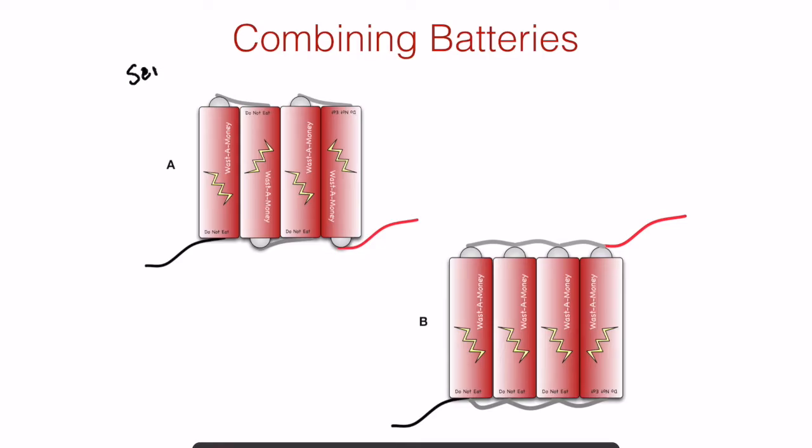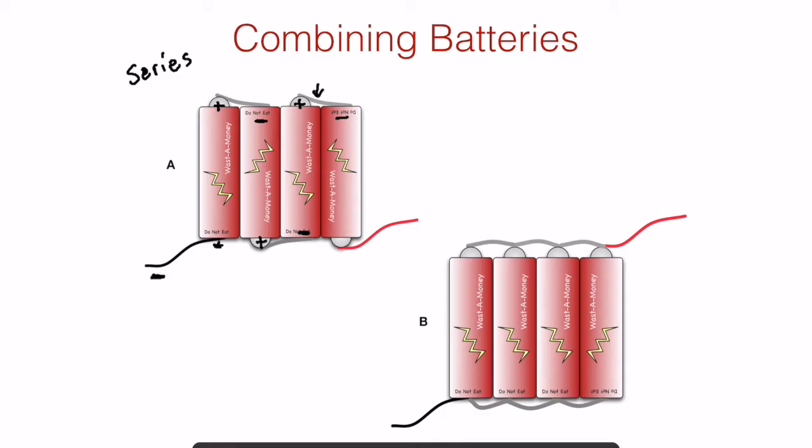For this first one, we would say that these batteries are connected in series. We have our negative of battery 1 and our positive of battery 1. You then want to hook the positive of battery 1 to the negative of battery 2. And then you continue this process, positive to negative, positive to negative.